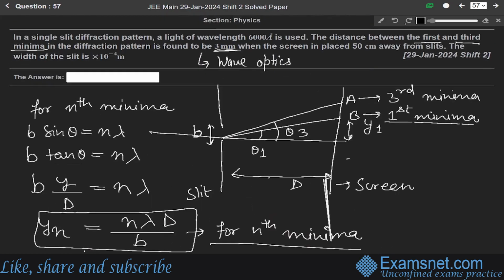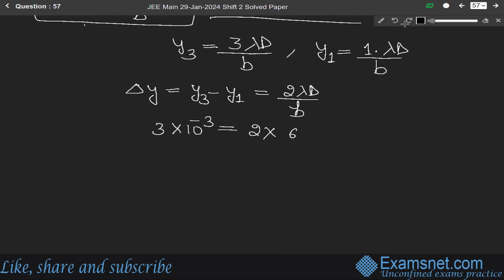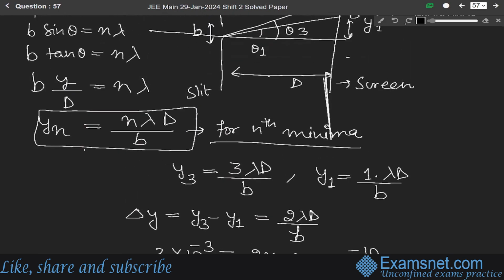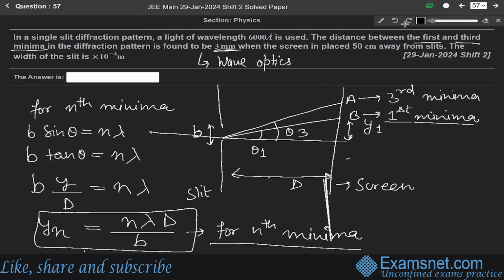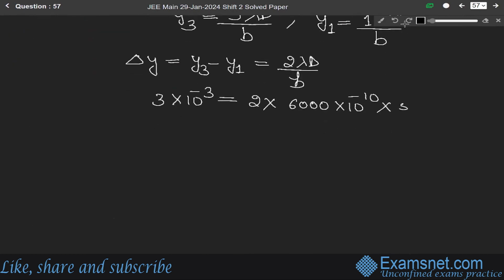Wavelength of the light is given as 6000 angstrom, so 6000 into 10 to the power minus 10 meter, into capital D. Capital D is the distance between slit and the screen, which is 50 centimeter. 50 centimeter means 50 into 10 to the power minus 2 meter, over b. This is what we have to find.